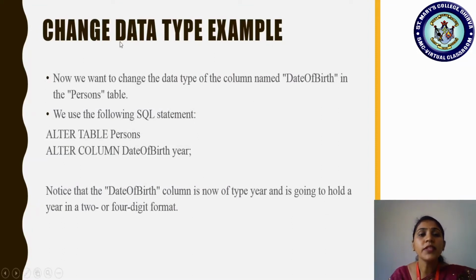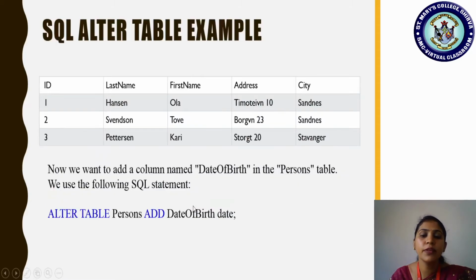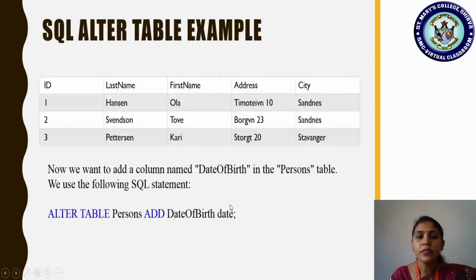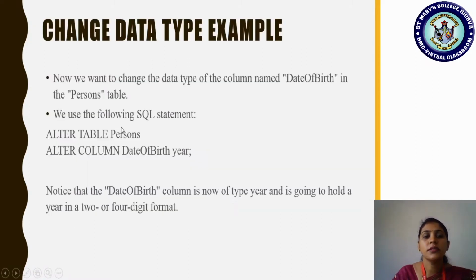Suppose we want to modify the data type, for example, here the date of birth which we discussed was given as date, right? Suppose we want to change the date data type, then we can do that with the help of a command like this: alter table persons. Alter table is a very common, basic command which we have to use to modify the attributes in a table.